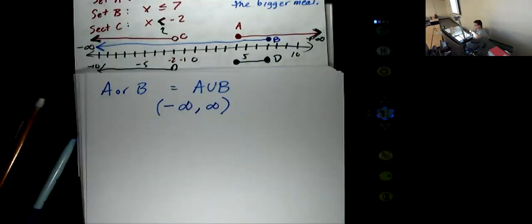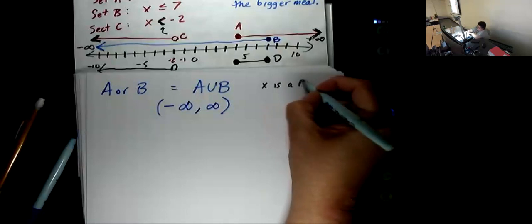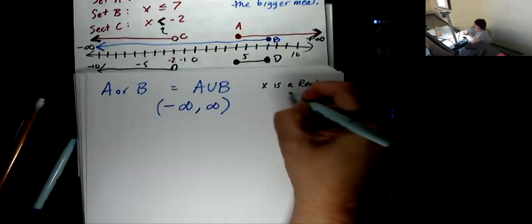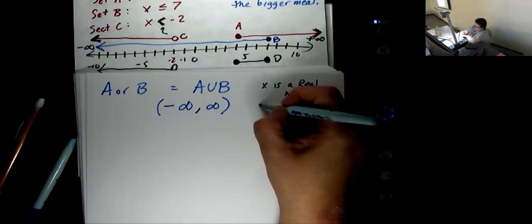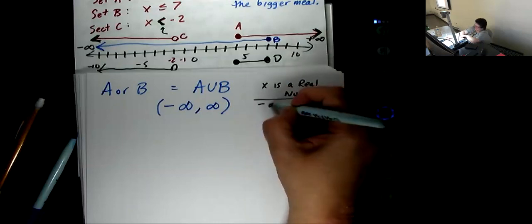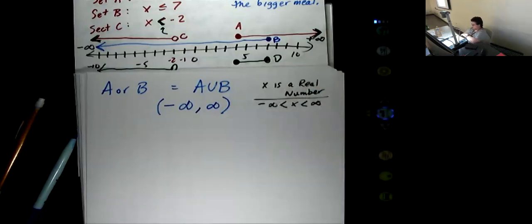There's a couple ways they'll say this in set builder notation. They could say X is a real number. You could say negative infinity is less than X, is less than positive infinity.